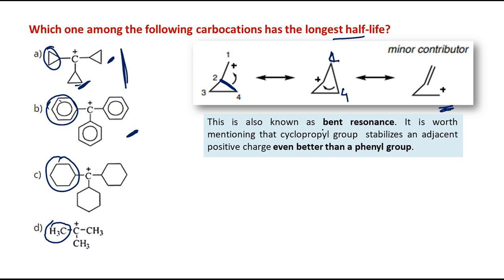This type of resonance is known as bent resonance, and the cyclopropyl group will stabilize an adjacent positive charge even better than a phenyl group. So this special type of resonance, bent resonance, is the predominating factor over resonance stability. So that is why the correct option should be the first one.